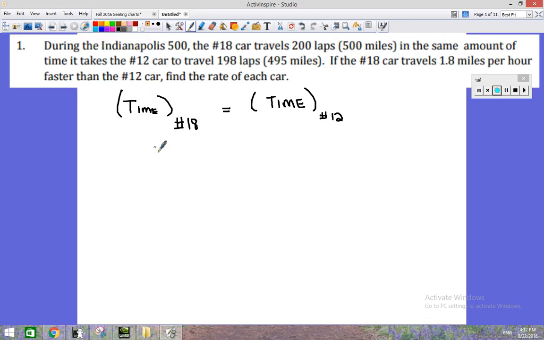And we know that time is distance divided by rate. So we're going to try and find information in the problem about the number 18 car and the number 12 car, distance and rate.